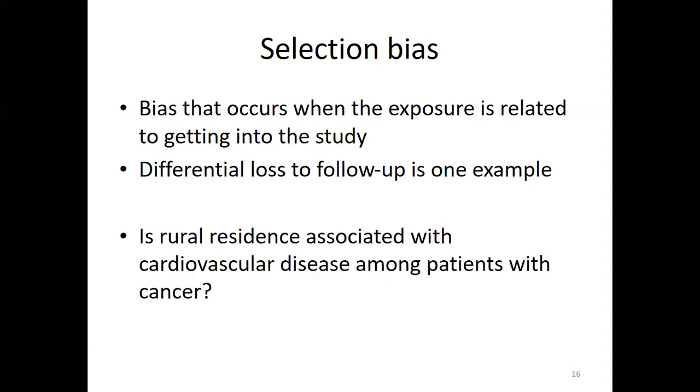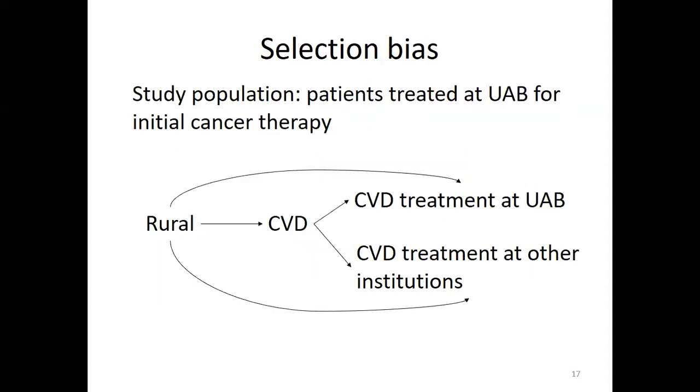This is a potentially reasonable question. We can say, okay, our study population is going to be patients treated at UAB for their initial cancer therapy. Now, if you think about that, the UAB Cancer Center is pulling from all over Alabama and surrounding states, right? So you've got a really broad catchment area.